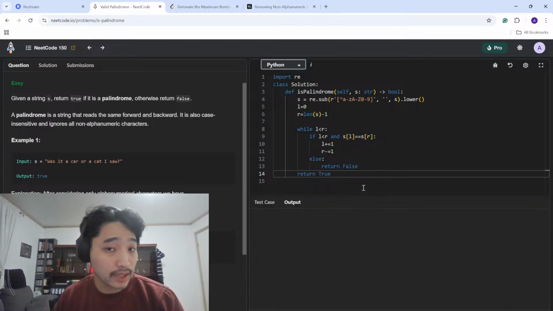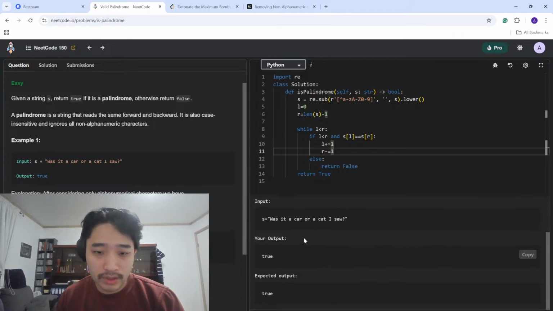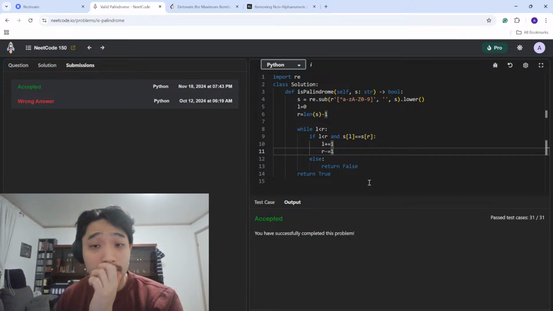I just want to test it. Oh no, it was actually correct. I'm just curious, because I didn't account for odd and even numbers, but yeah, it worked. Great.